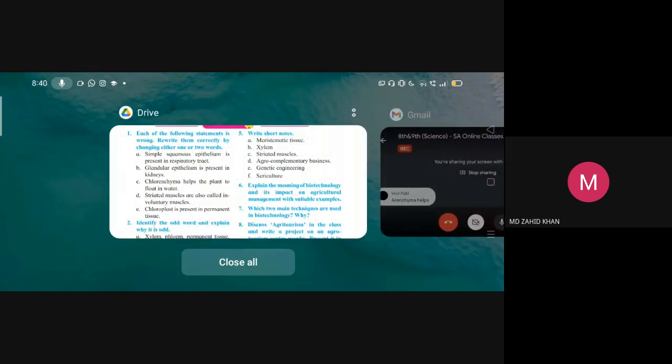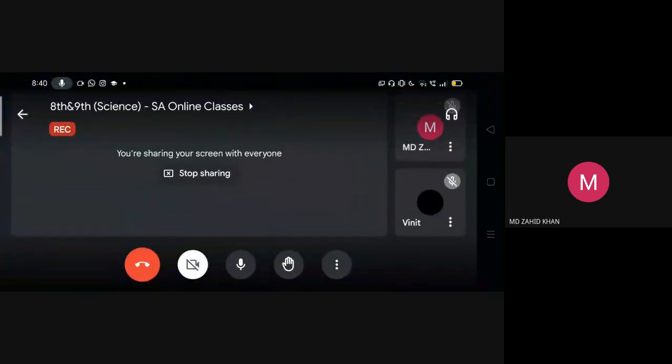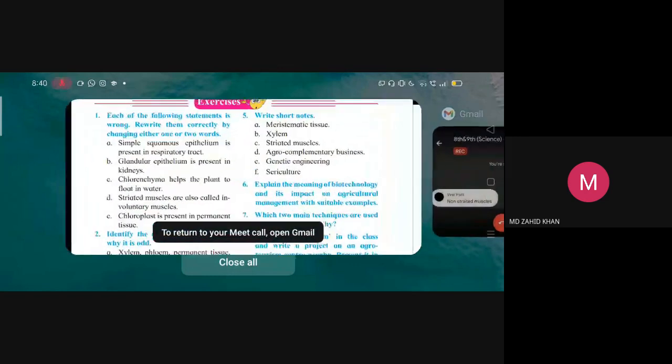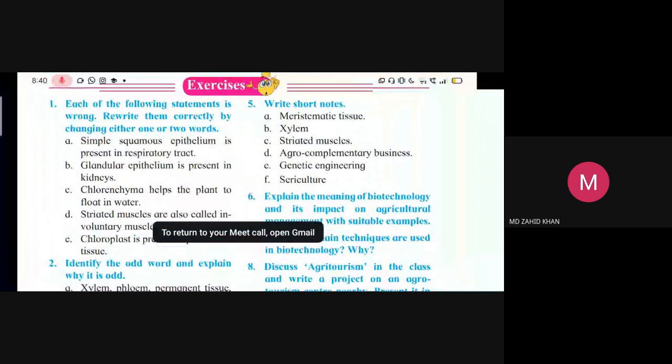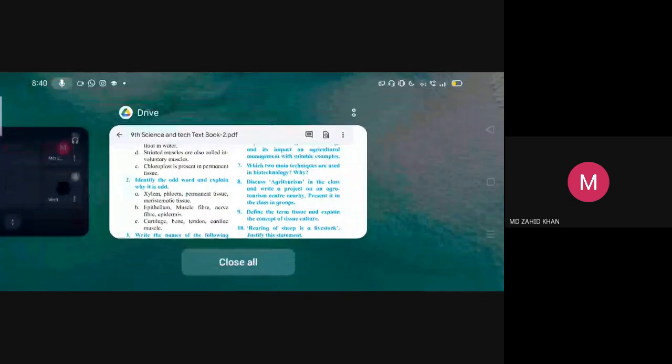Striated muscles are also called involuntary muscles. Non-striated muscles. Chloroplast is present in permanent tissue.